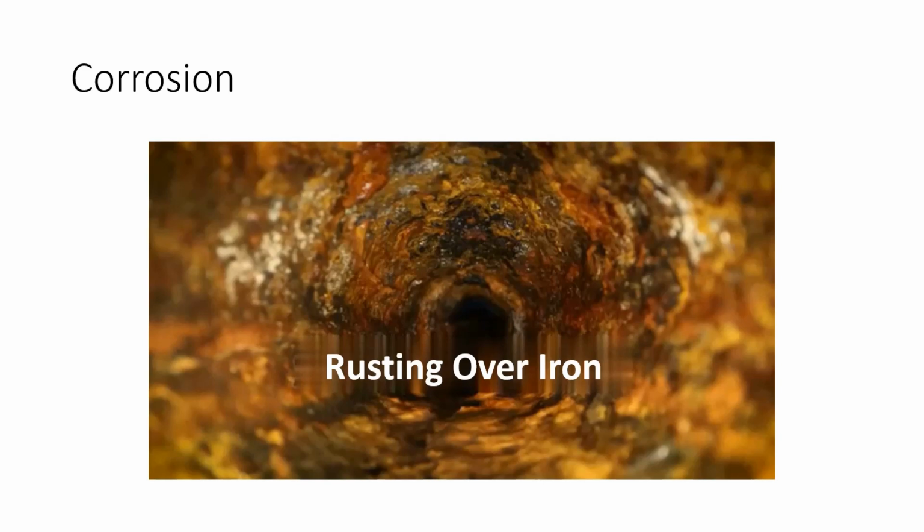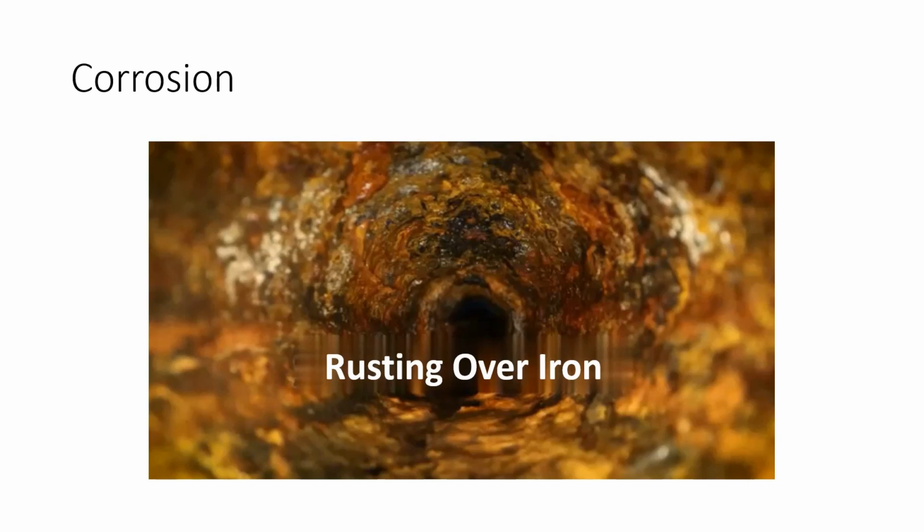For example, if we expose iron or steel to air and water, we can expect to see rust form in a short time, like what I have shown in this slide, showing the familiar red-brown color of iron oxide. Mostly the rusting of iron is because of the formation of red-brown iron oxide.